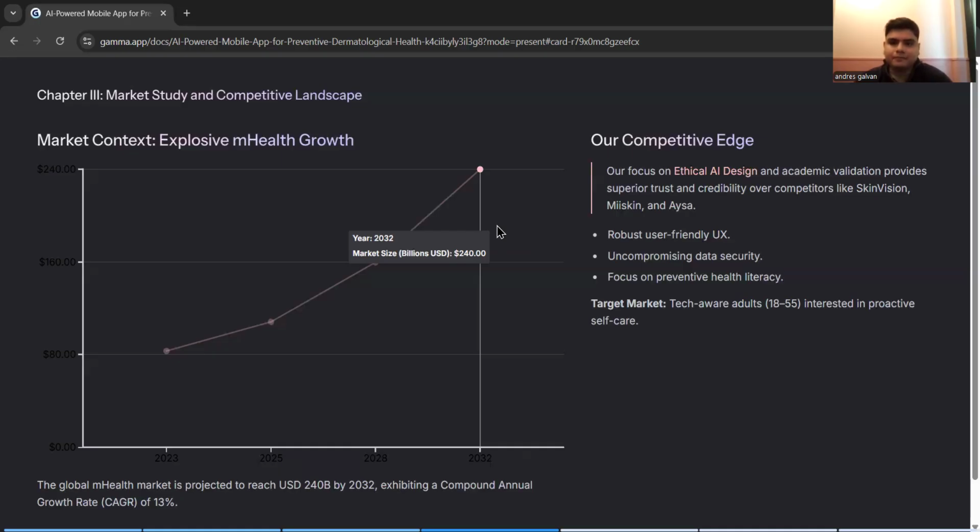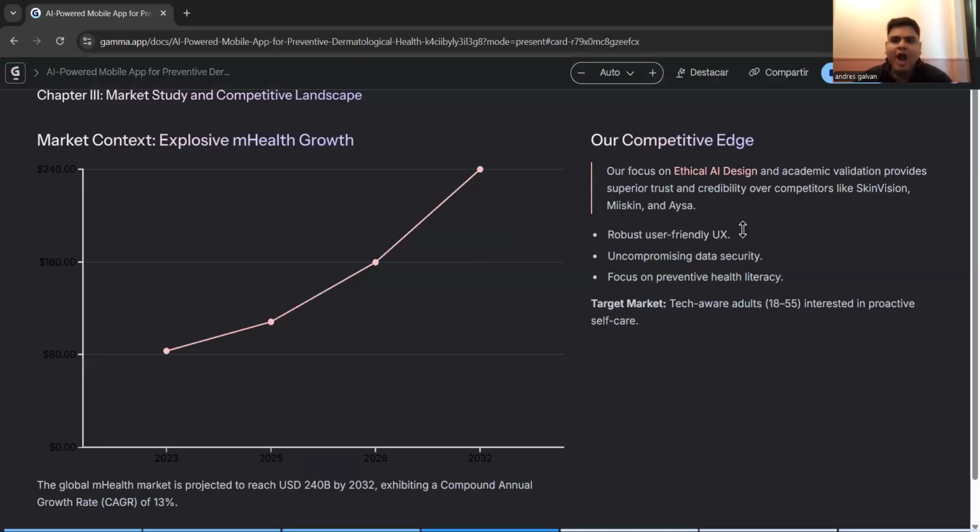So probably the competitive edge that we want to focus on is our ethical artificial intelligence design. Trying to make this more truly trusted, or maybe to have more credibility over the competitors. For example, there are other competitors like Skin Vision, Miss Skin, and Alisa.